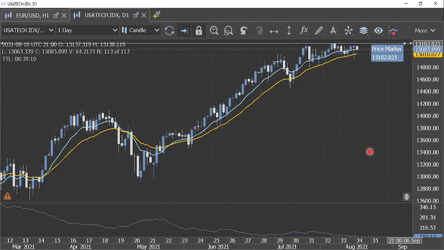Now let's consider the equity segment, where the instrument of choice is Nasdaq. This is the daily time frame chart, and here we have this resistance zone in place, which has proven a big hurdle for the Nasdaq to cross, and I think it is almost a month from the first attempt of the Nasdaq to get past 15,000. And for the last almost a month, we have seen the Nasdaq struggling around the 15,000 level.